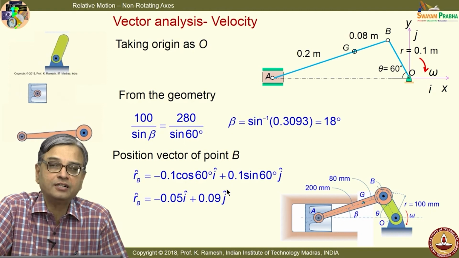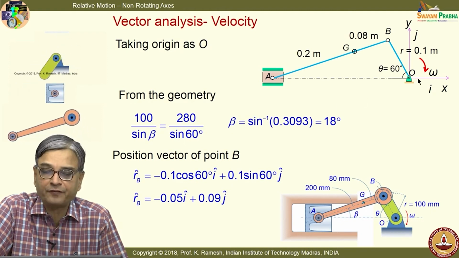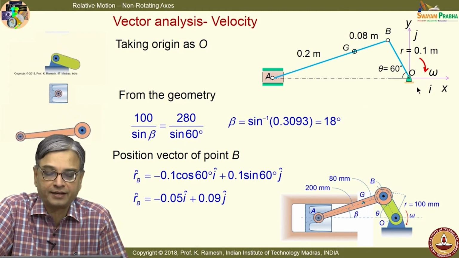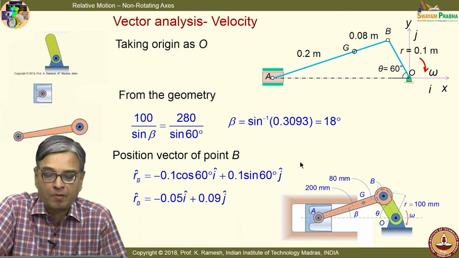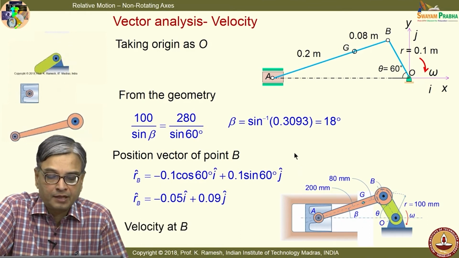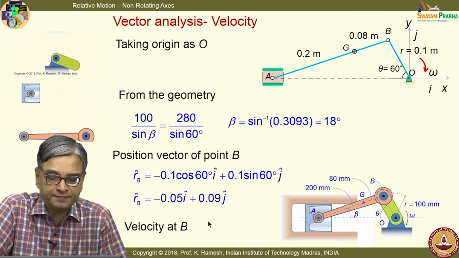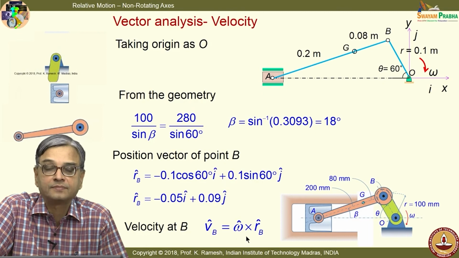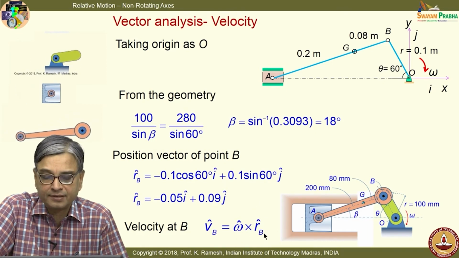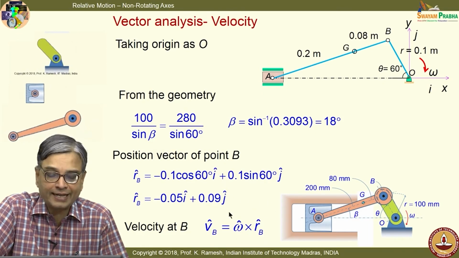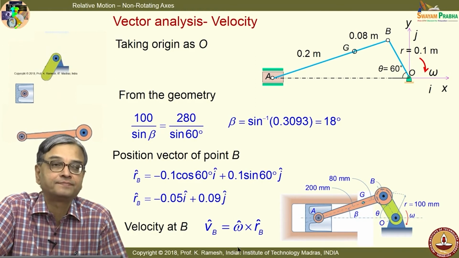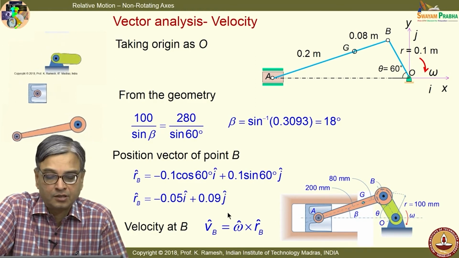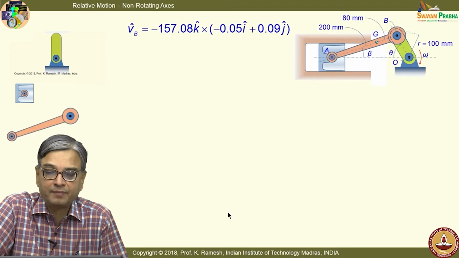All these position vectors you should do very carefully with reference to the coordinate system that you have taken. What is the velocity at B? It is nothing but omega cross RB. Omega we have already determined, RB we know. So, I can calculate what is VB. It is a simple mathematical operation.